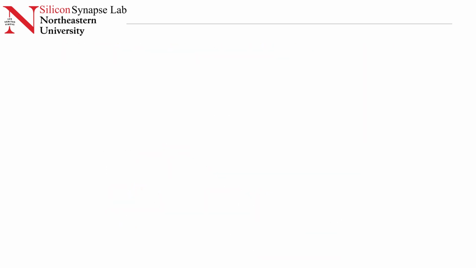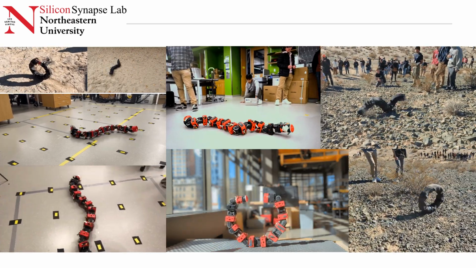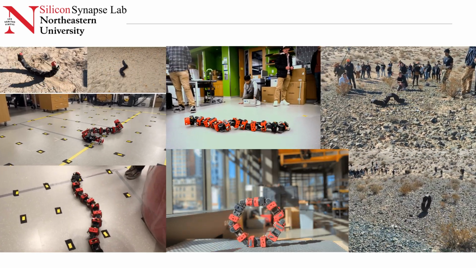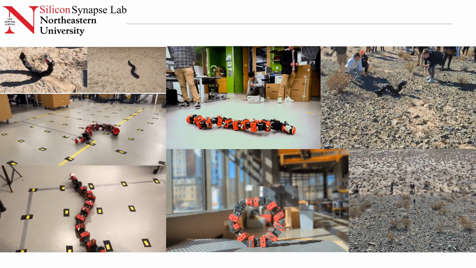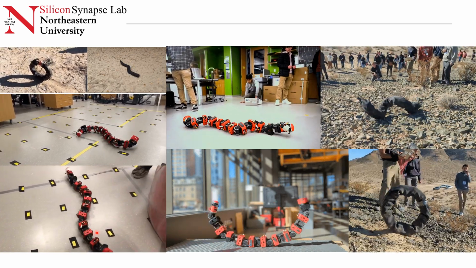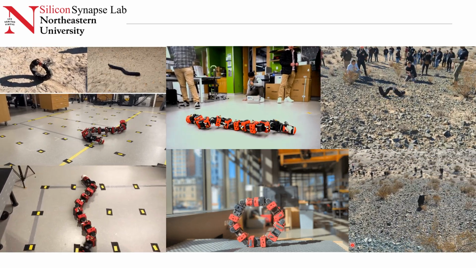COBRA is a multimodal robot, which means it has different kinds of locomotion gaits that it can achieve, including a standard snake-like gait called sidewinding, and also several tumbling and rolling gaits.